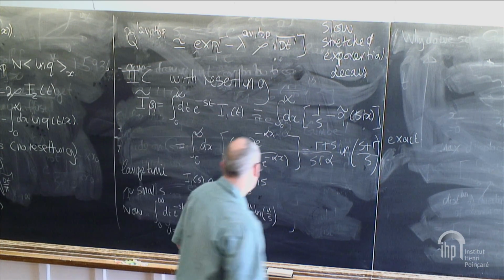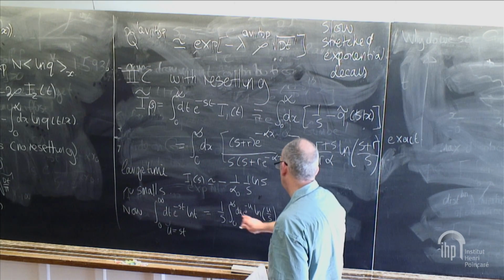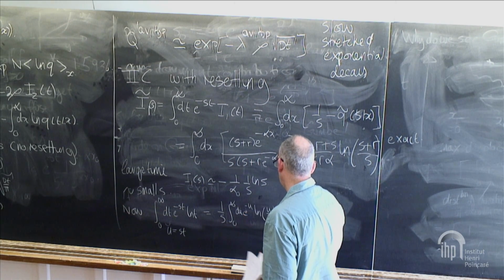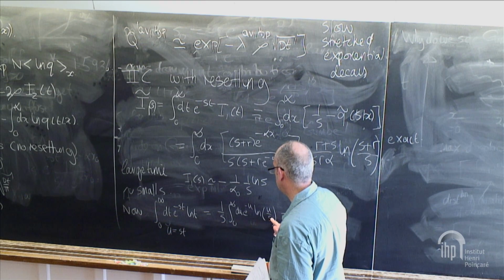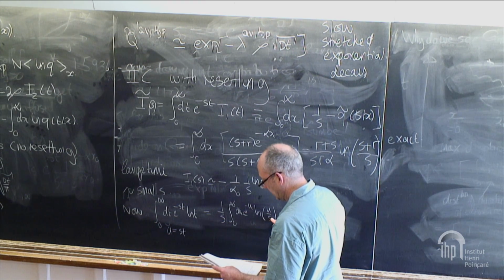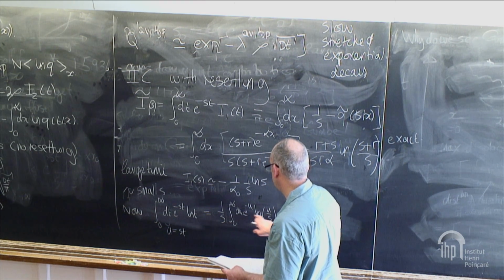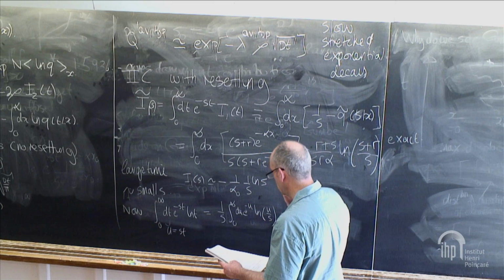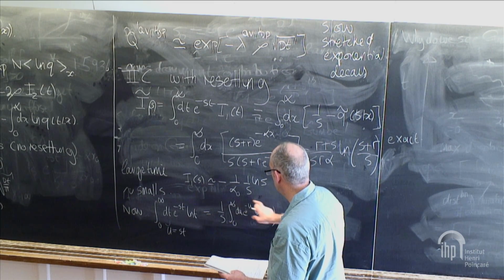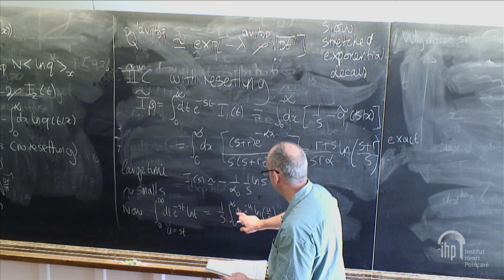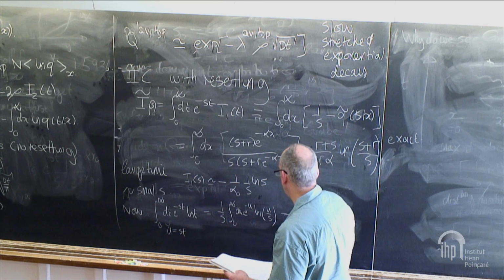And, okay, so if I look at this, the log s here, then I can do the exponential integral. And the log u gives me an integral e to the minus u log u.